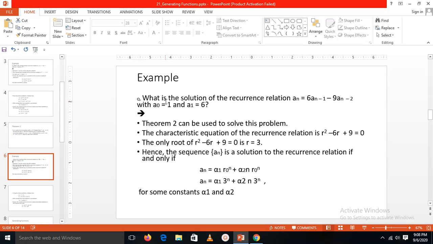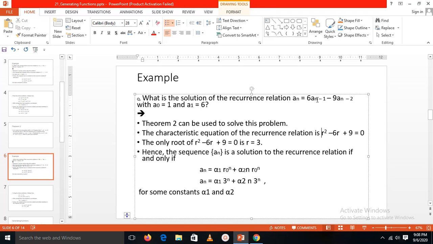Now, using the second theorem, we can solve this problem. First we have to create the characteristic equation for the recurrence relation. How can we create it? As I have already told you in our first example, likewise an stands for r squared. Now take the right side into the left side.